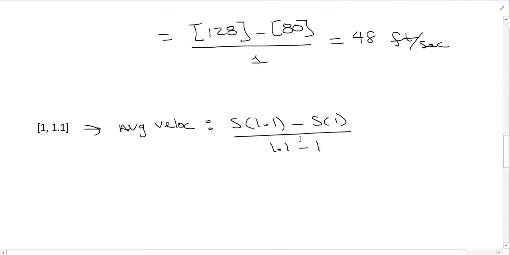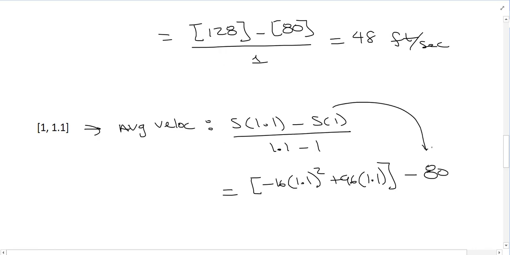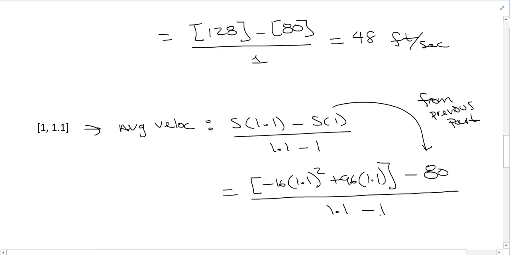And so I just really need to find s of 1.1. So what is s of 1.1? It's going to be minus 16 times 1.1 squared plus 96 times 1.1, and then minus s of 1, but I already know that that's 80 from previous work, divided by the change in time, 1.1 minus 1.